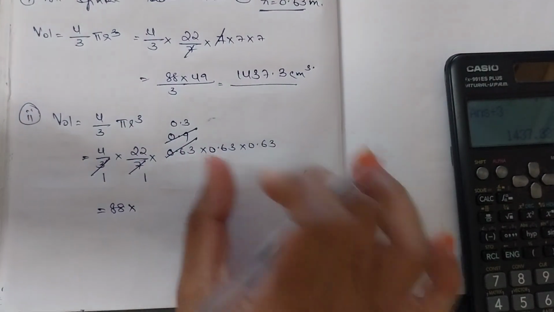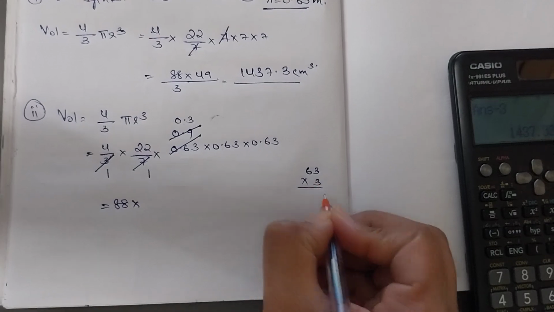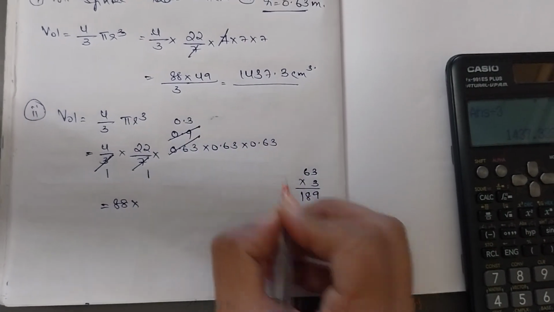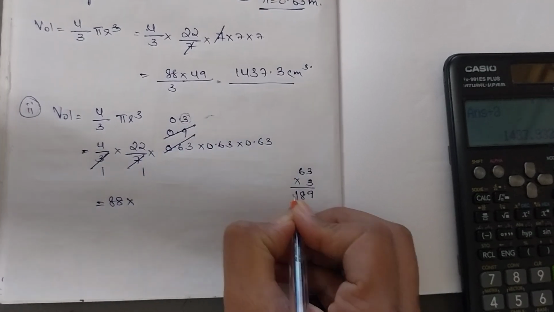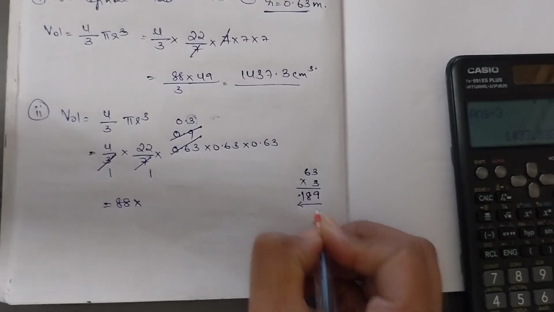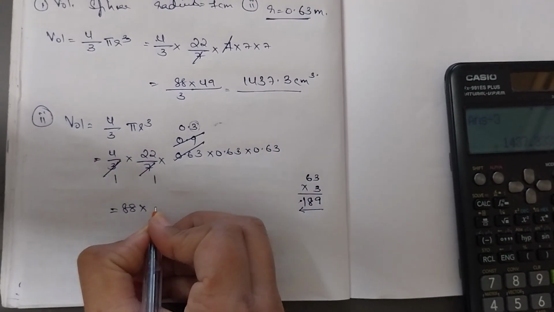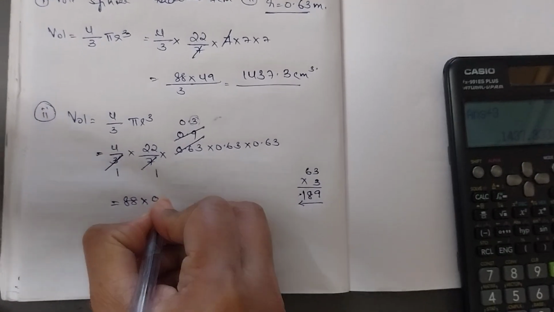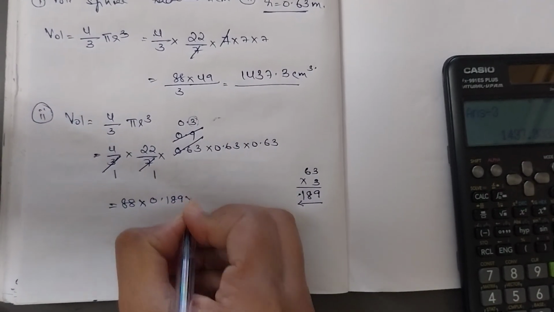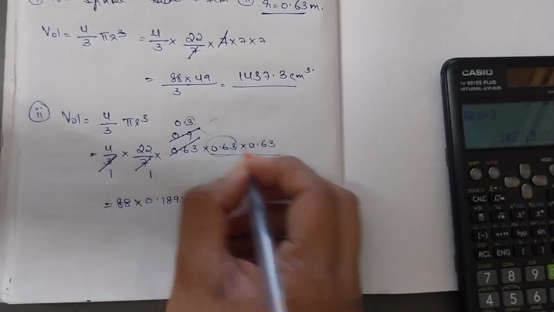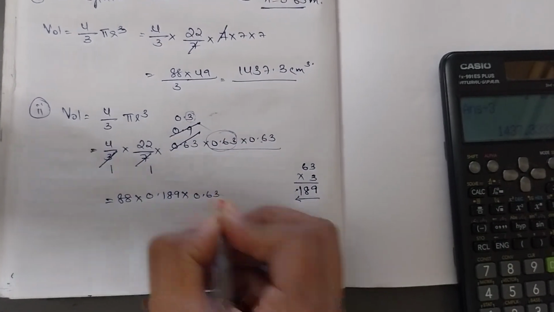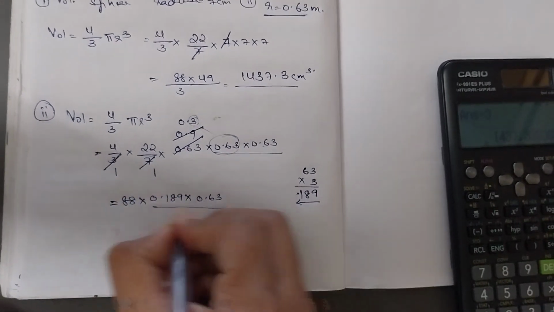I'm leaving the decimals, only taking the numbers and multiplying. 3 3s are 9, 3 6s are 18. Decimal places: 1, 2, 3. So start counting from the right, going in the direction of left. So this becomes 0.189, for these two, this is already done. This is left, 0.63. Let's multiply these now.